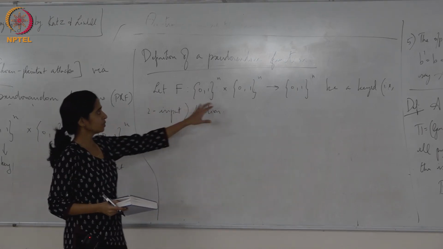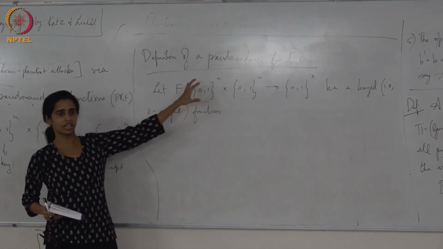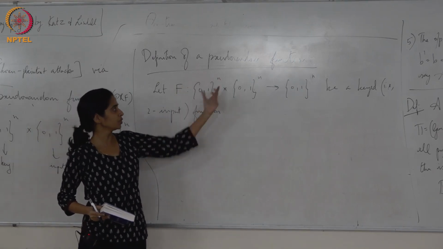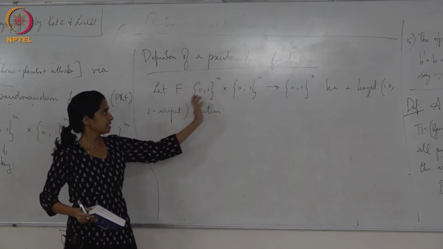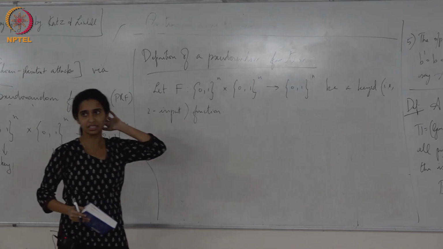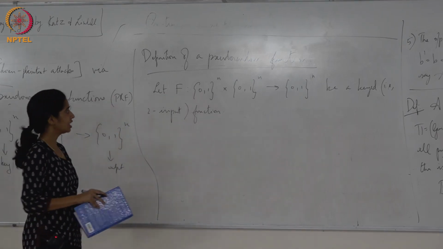We also assume that it is efficient to compute this f, that is given the two inputs say k and x, it is efficient to compute f of k comma x. This is for technical reasons.